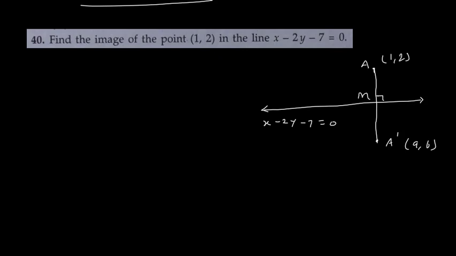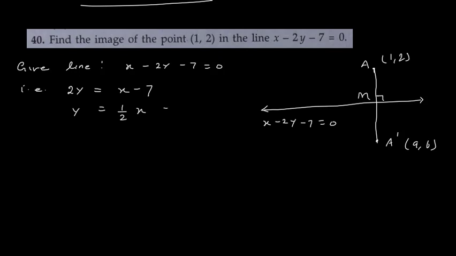So first, the given line is x minus 2y minus 7 equal to 0, that is 2y is equal to x minus 7, y is equal to 1 upon 2 x minus 7 upon 2.